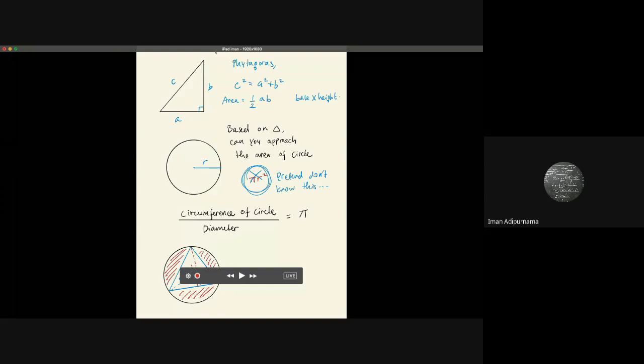Let's say we are making a polygon, which means we have a 3-sided polygon. We have 4, 5, 6. We try to increase.